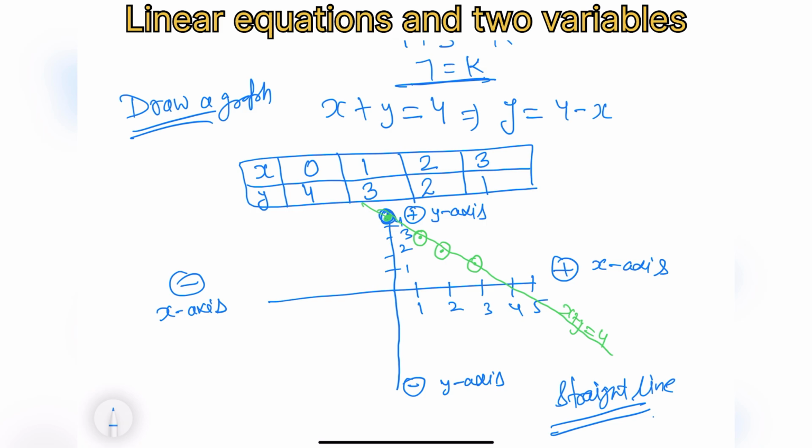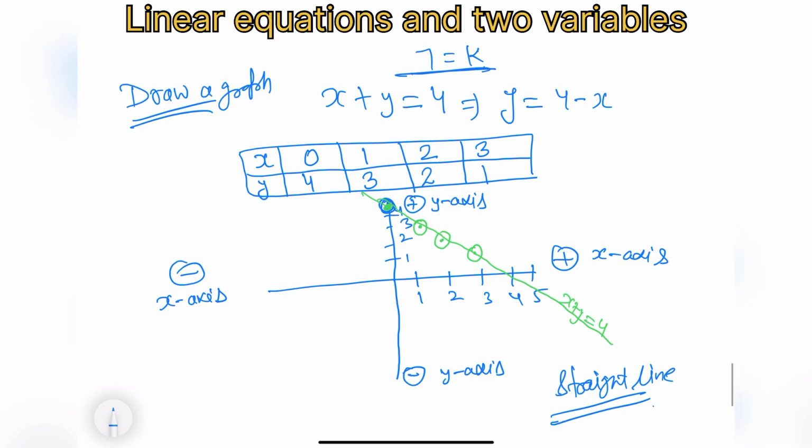So this is how we can plot the graph. Whatever equation you are given, you just need to find a minimum of 3 solutions, or you can find more than 3, but minimum 3, then plot them on the graph paper.